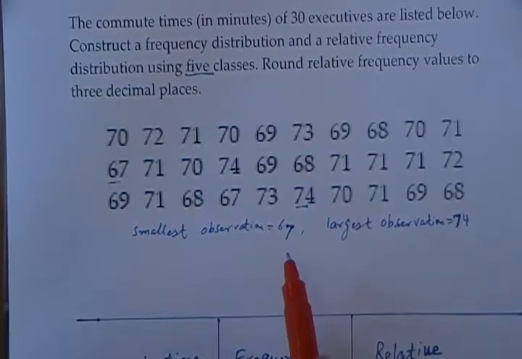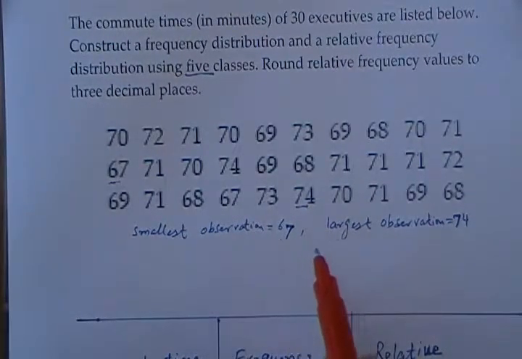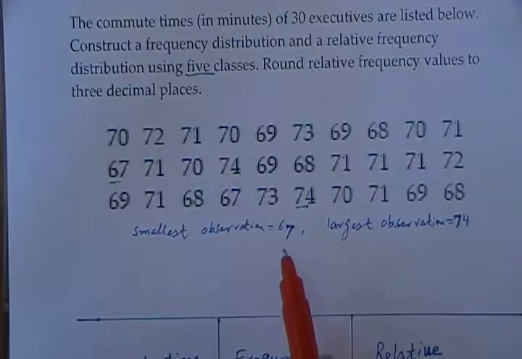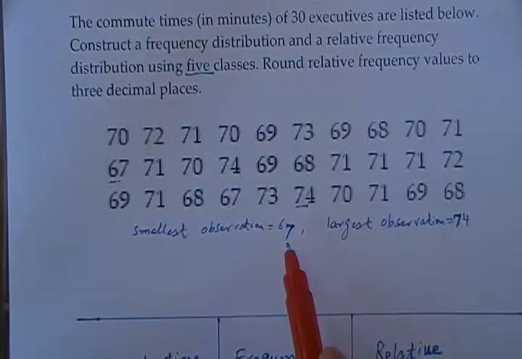Here in this problem we have 67, which is a fairly nice number. We can pick the smallest number as the lower limit of our first class. We can start from here.